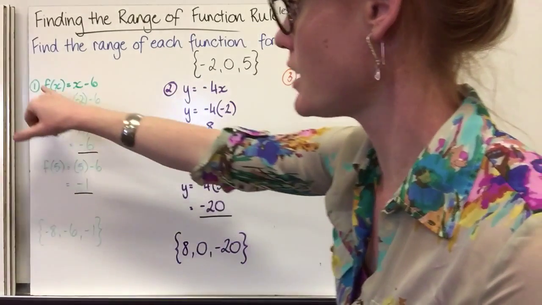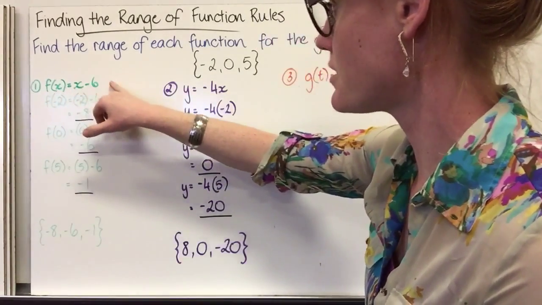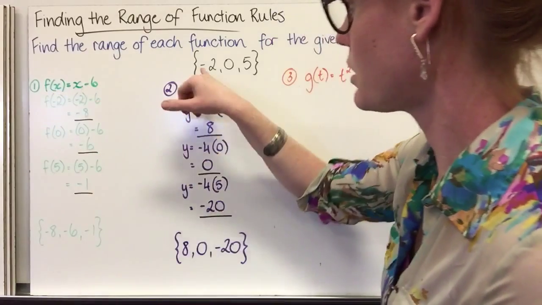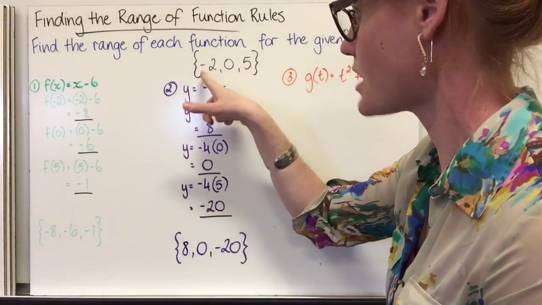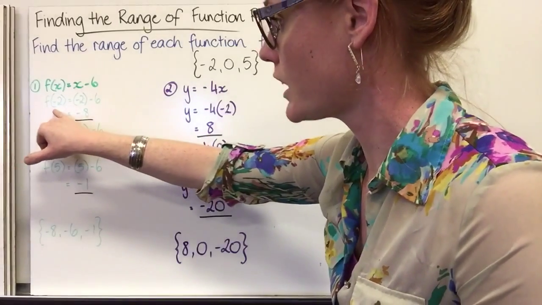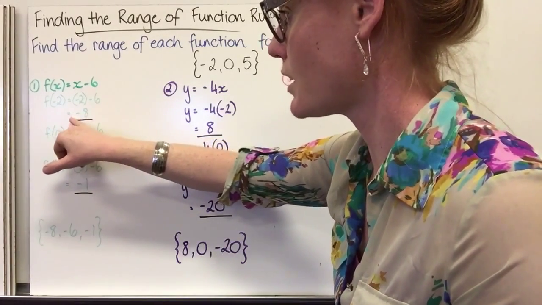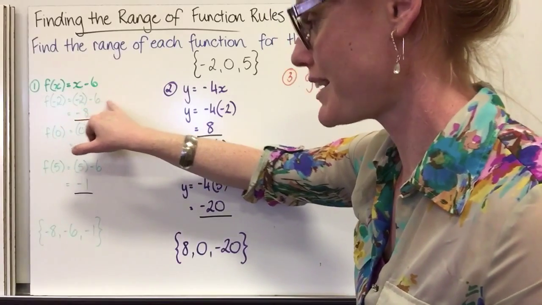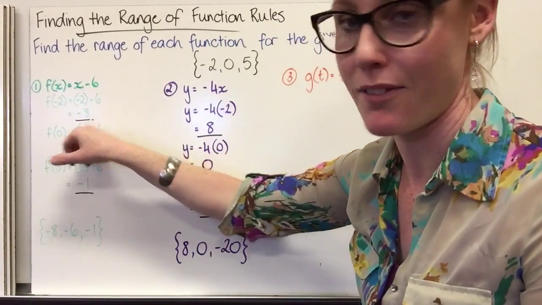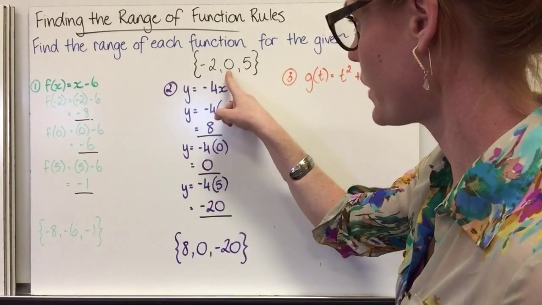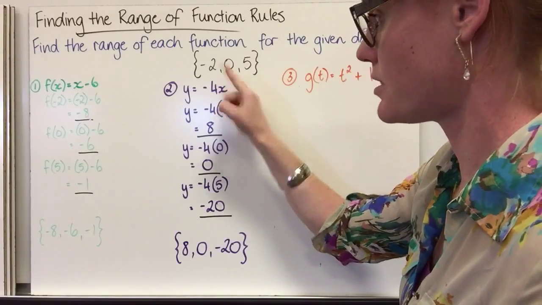So our first function is f of x equals x minus 6. So anytime we see x, we're going to plug in the values. And we'll start with negative 2. So f of negative 2 equals negative 2 minus 6, which equals negative 8. Then we're going to plug in the next domain value, which is 0.